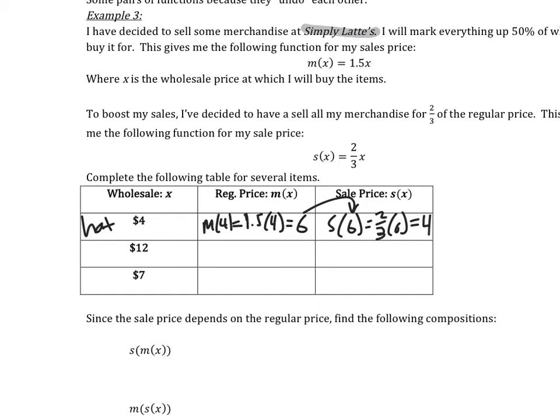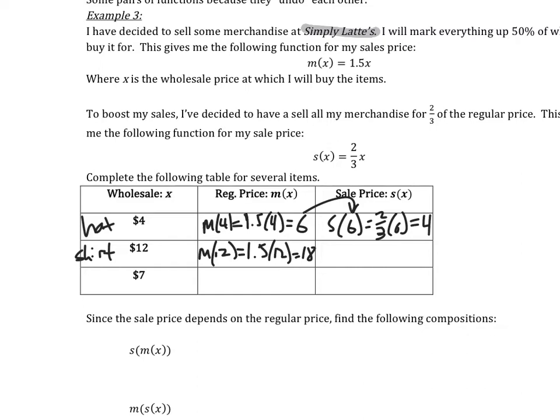Now, maybe I buy a shirt or sweatshirt for $12, and I'm going to print it and sell it. Everyone's going to want to buy my Simply Latte shirts or sweatshirts, whatever they are. So that's going to be 1.5 times 12, and 1.5 of 12 is $18.